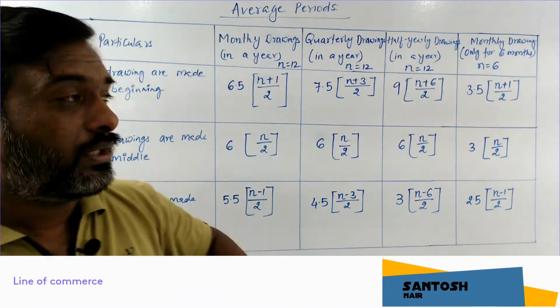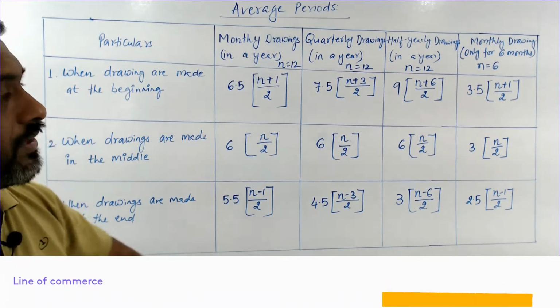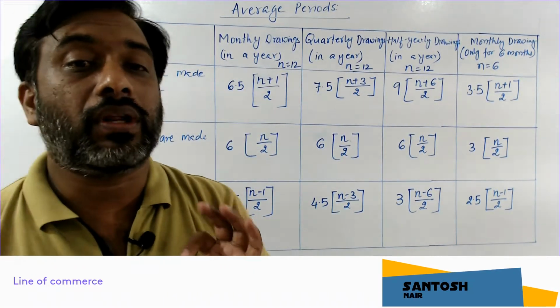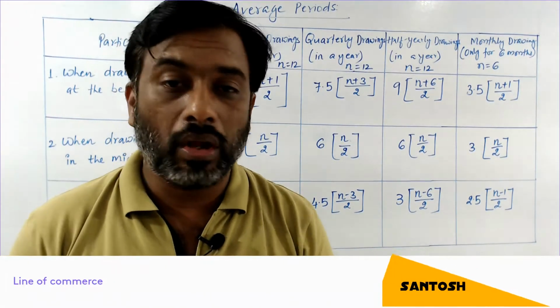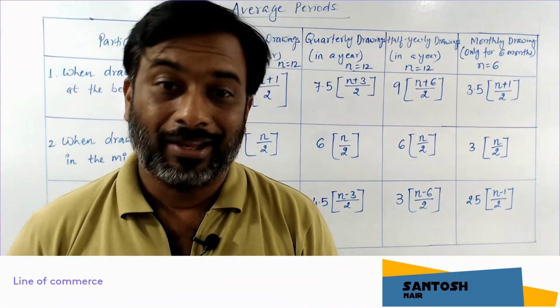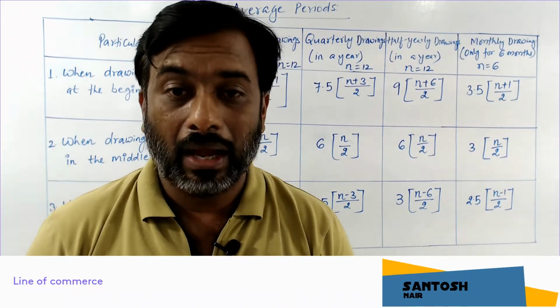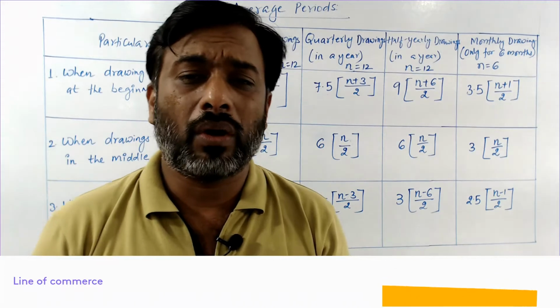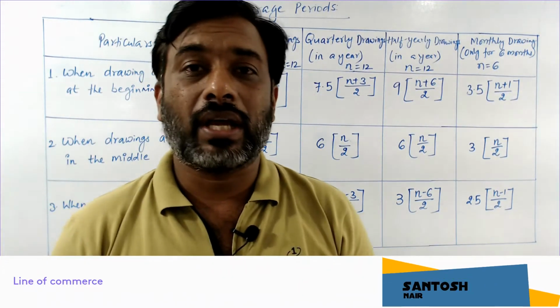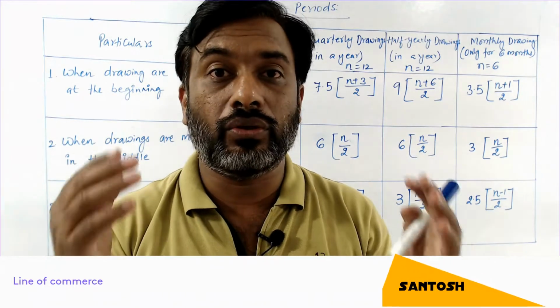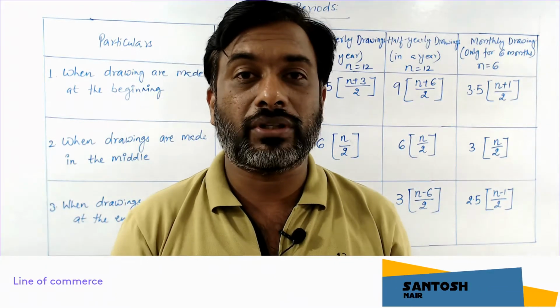So these are the average time periods. These average time periods are very important. They are applicable to all the chapters. Now it's time to understand a trick. I will explain it to you. This will help you remember the average time period, or say you are writing the examination and all of a sudden you get confused about what the average time period will be.